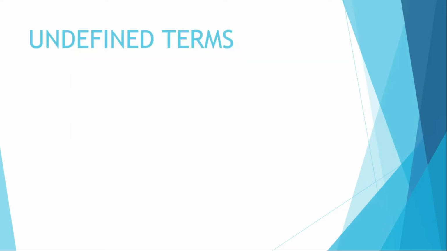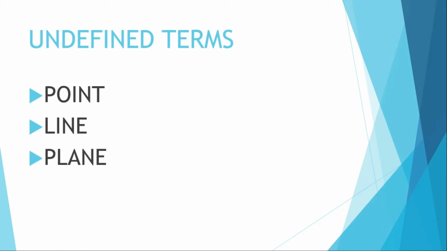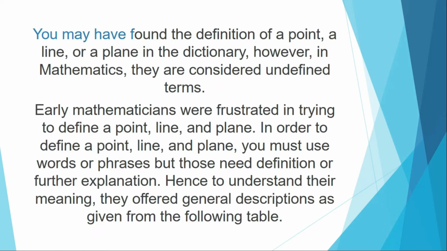So, I guess you already have a basic knowledge or prior knowledge on the undefined terms. But let us again have the discussion of the following undefined terms. The first one is a point, next is the line, and the plane. You may have found the definition of a point, a line, or a plane in the dictionary. However, in mathematics, they are considered undefined terms.